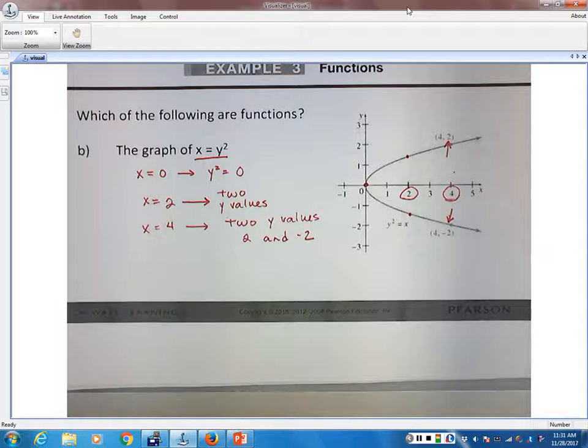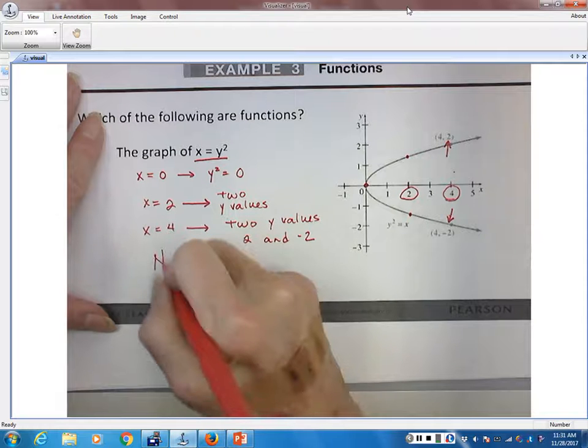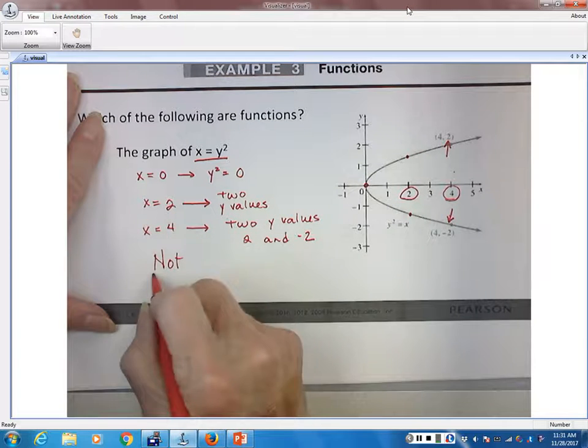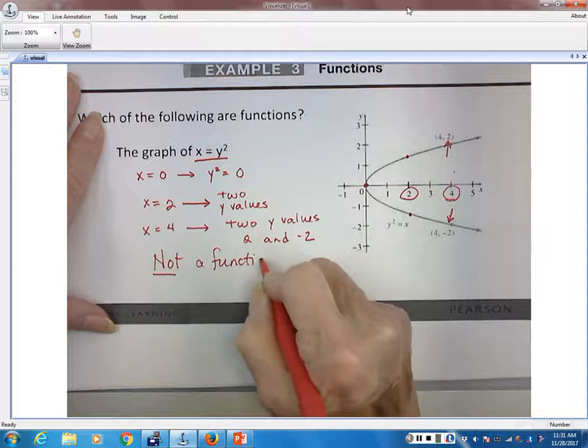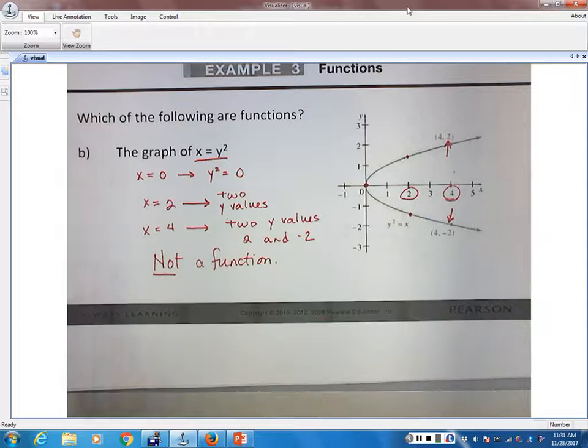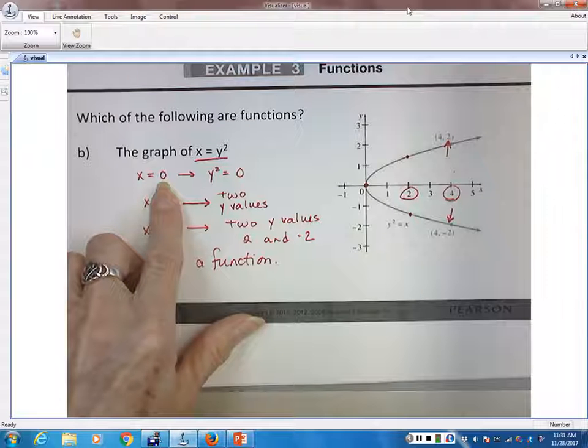So that is not a function. Because there are x's. In fact, all of the x's except 1 have 2 different y values. Okay?